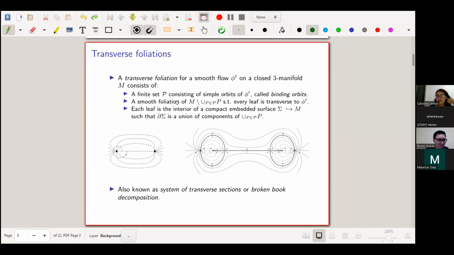These surfaces form a foliation of the complement of these orbits, and each of these leaves has boundary on the special binding orbits. It is a generalization of a global surface of section, because you not necessarily have just one surface, but your manifold is foliated by these surfaces, and sometimes you can obtain some properties of the flow from this.